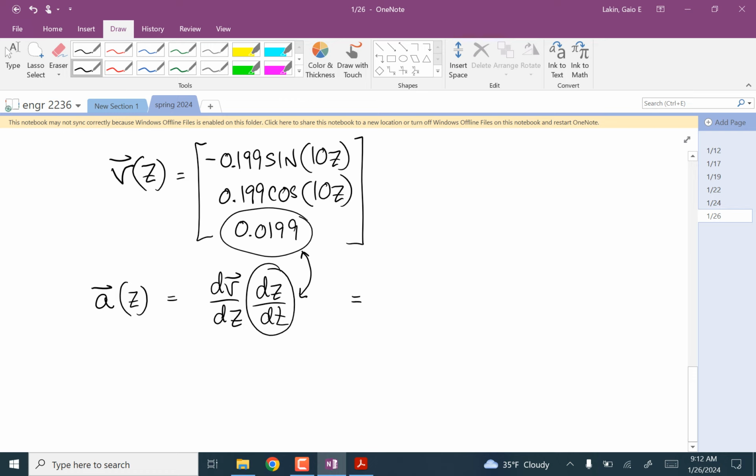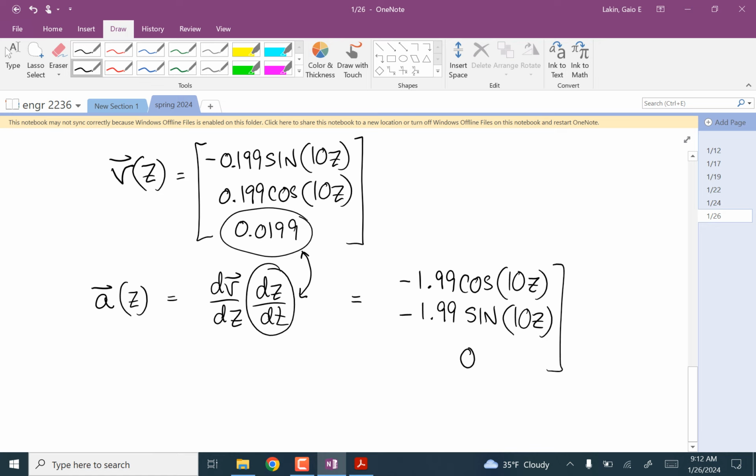So you get negative 1.99 cosine of 10z, negative 1.99 sine of 10z, and then 0, and then I'm multiplying that by 0.0199.